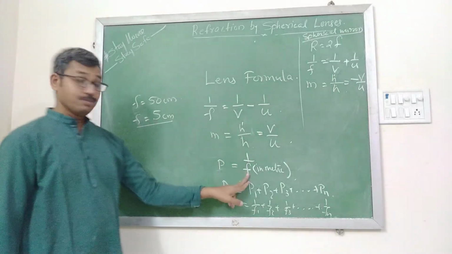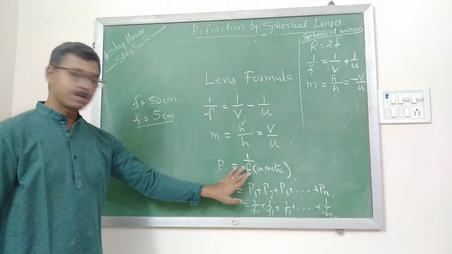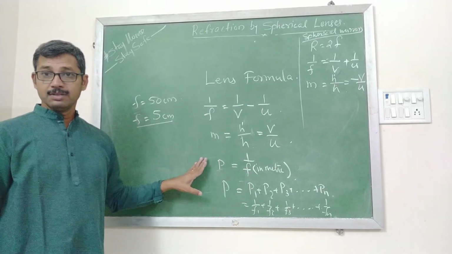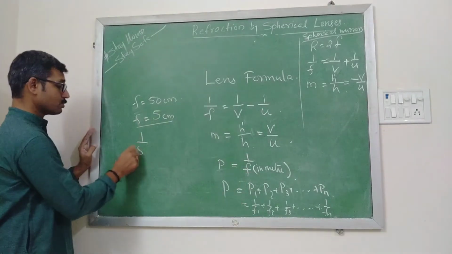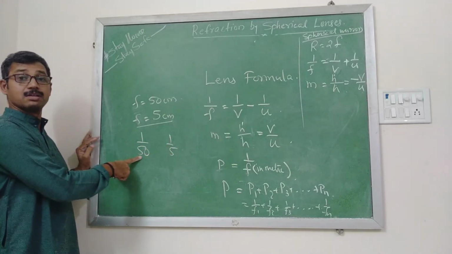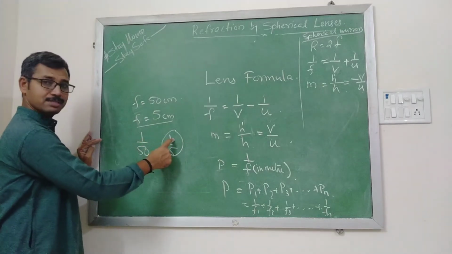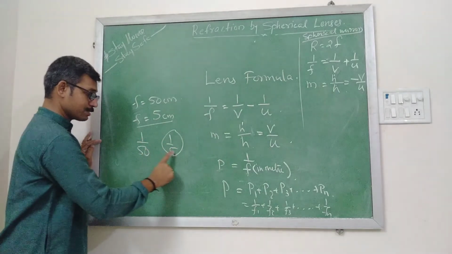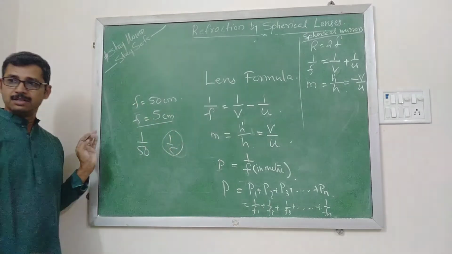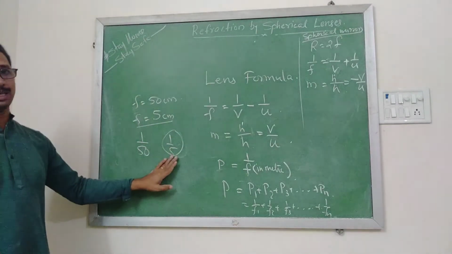Because when the denominator becomes small, the reciprocal becomes high. In the first case it is 1 upon 50 and in the other case 1 upon 5. Which is greater? The numerator is the same, so the smaller denominator gives the higher quantity.